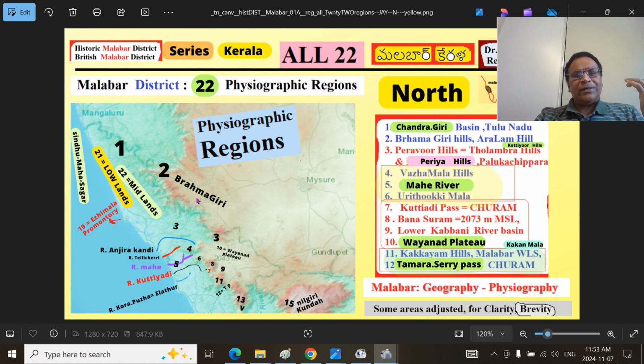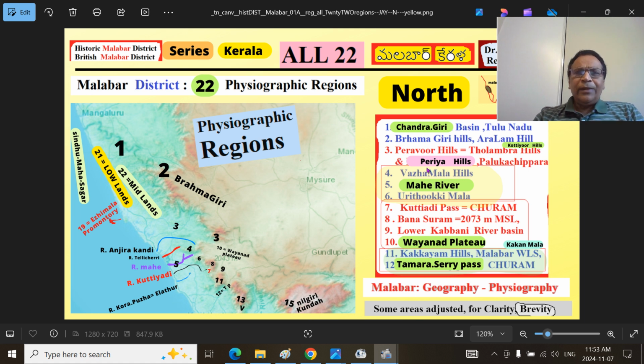Essentially Sahyadris, Pushpagiri mountain regions overlapping that of the Kodagu district or Coorg district. Then the Peravuru hilly region or Tolambra hills. You can see number 3, in the Kannur district, Kannanur, the Peravur hilly region, on the eastern side of Mattanuru, that is the Kannur International Airport.